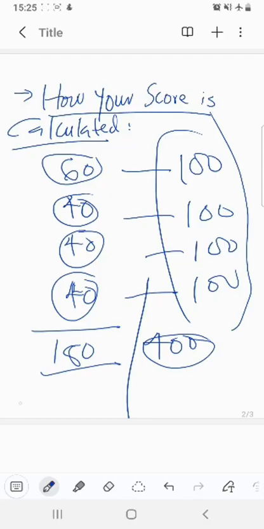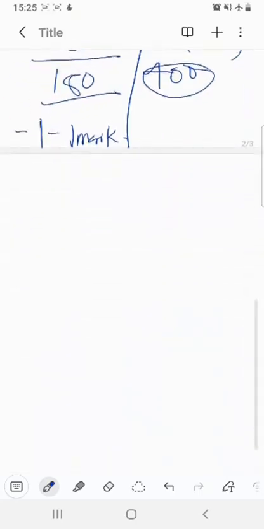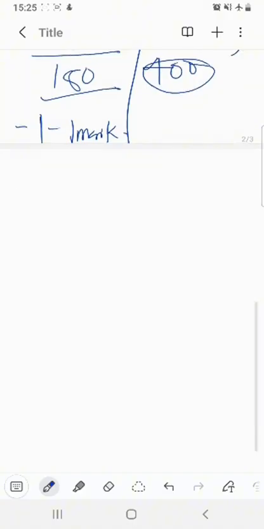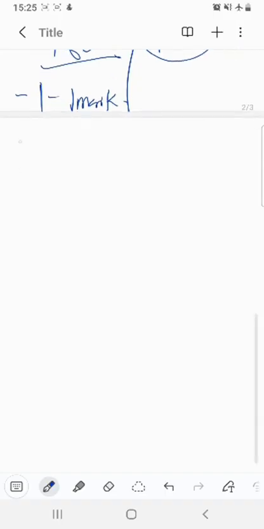I told you earlier that one correct answer is 1 mark. So no question is a waste. Now here, this is how JAMB converts your score using this formula.